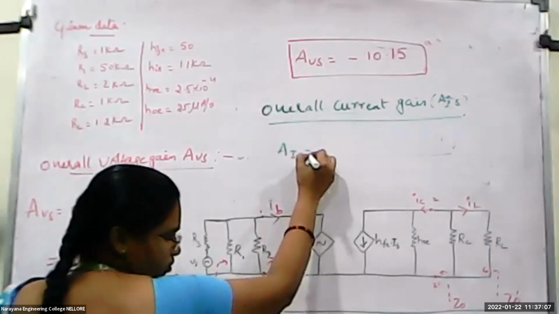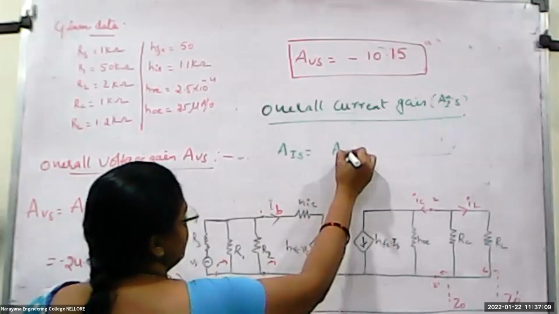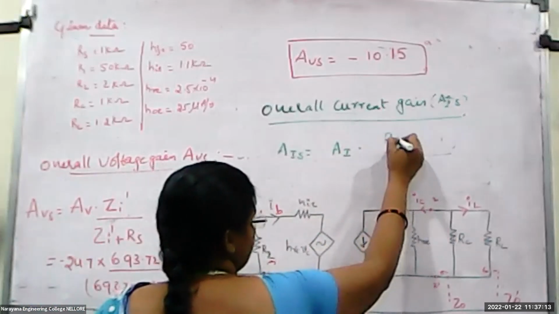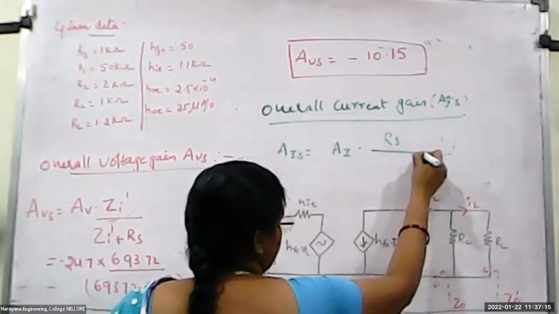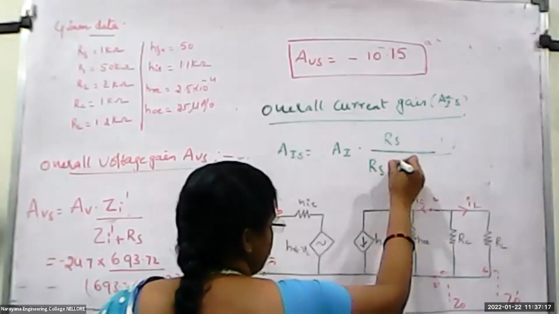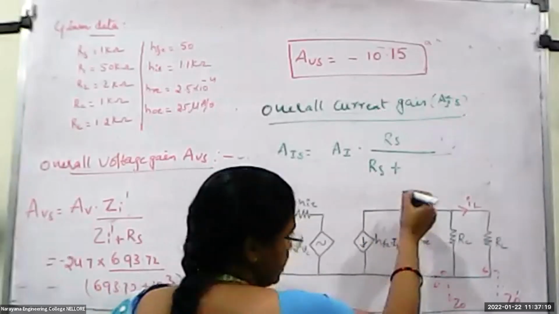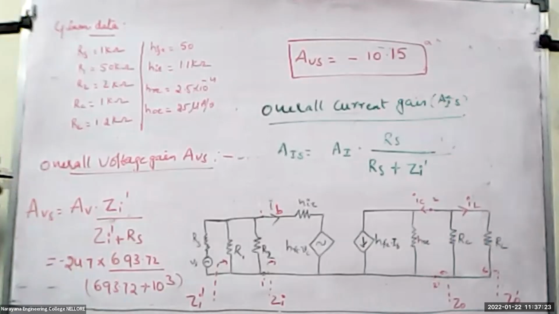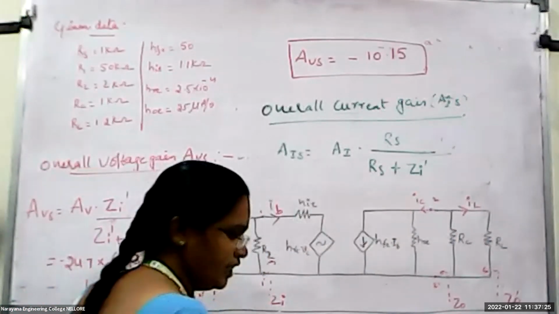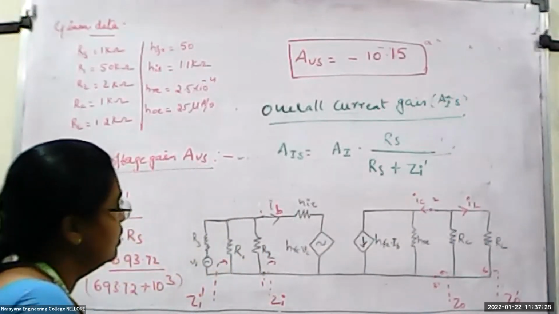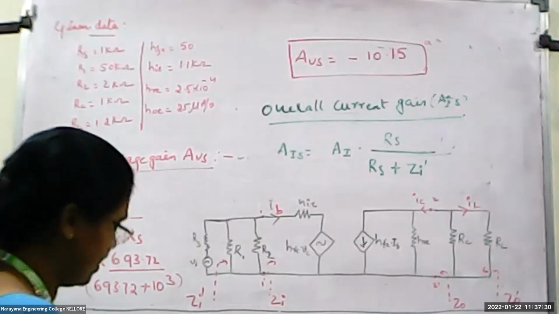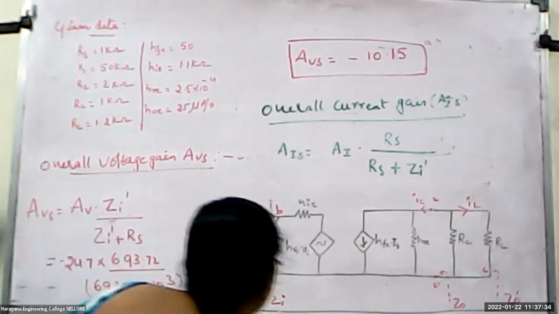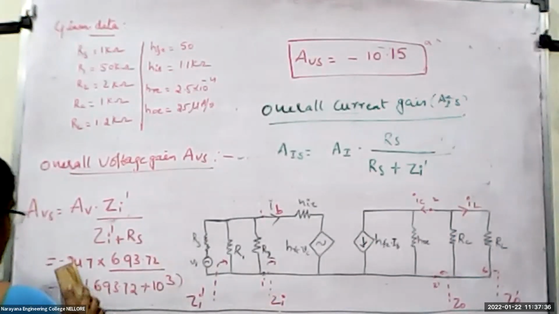AIS is equal to AI into RS by RS plus ZI dash. Substitute the values, RS value, AI value. I think this one is completed.